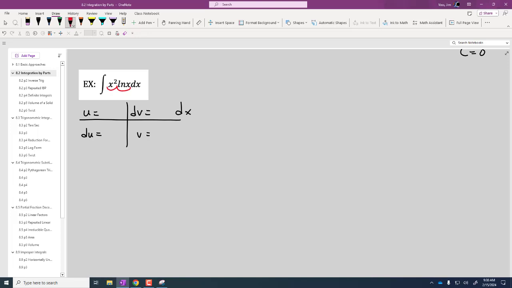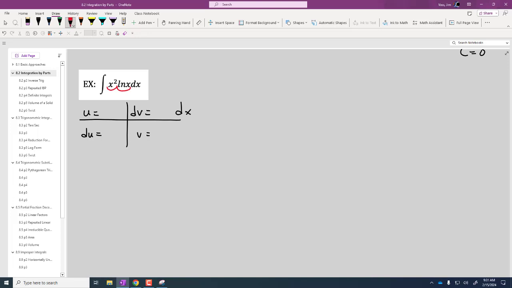I think the best way to triage this is to look at the integrand and ask, what is the largest piece that's easily integrable, with easy in quotes? We could put natural log there, and we saw on Tuesday that we can integrate natural log, but it's a complicated antiderivative: x ln x minus x.